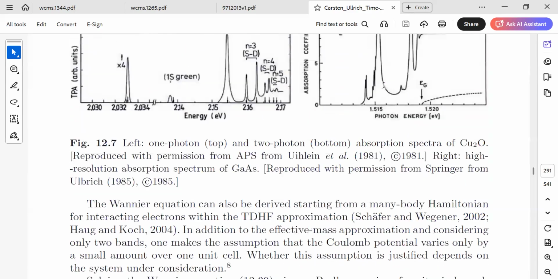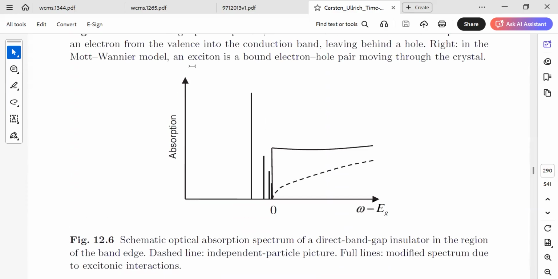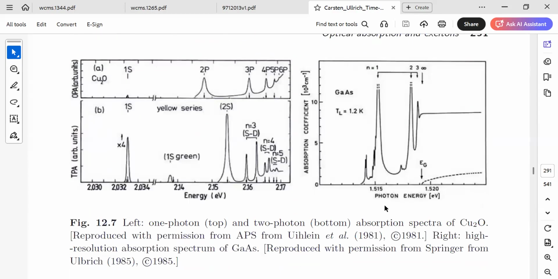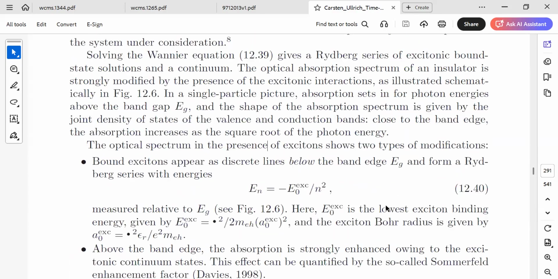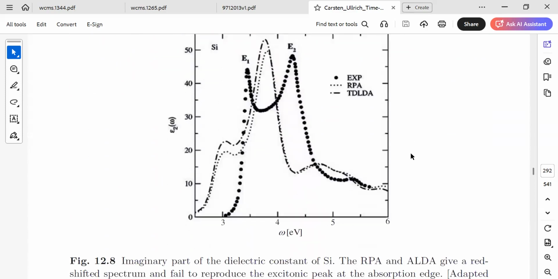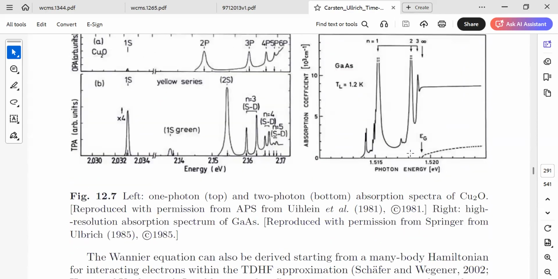Because we actually expect the excitation spectrum to look like this, are we observing something like this? So figure 12.27 is shown here.